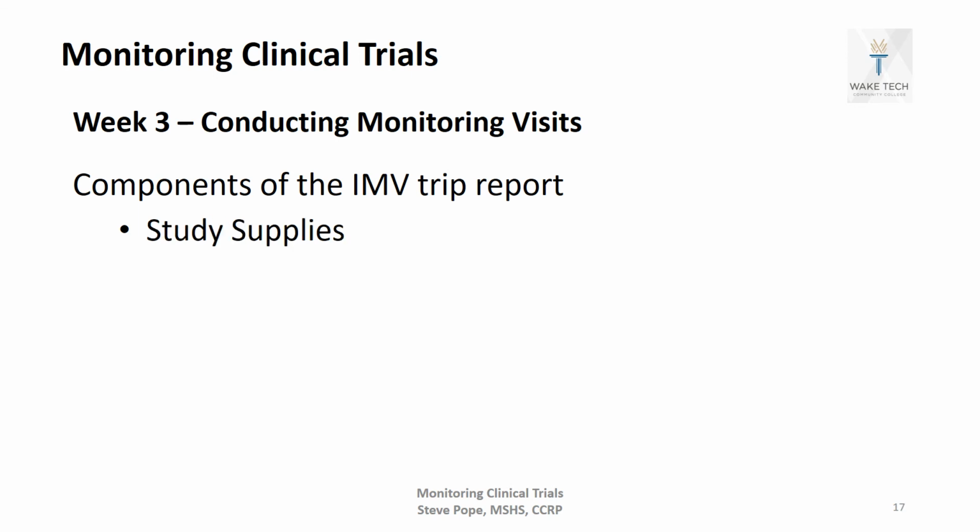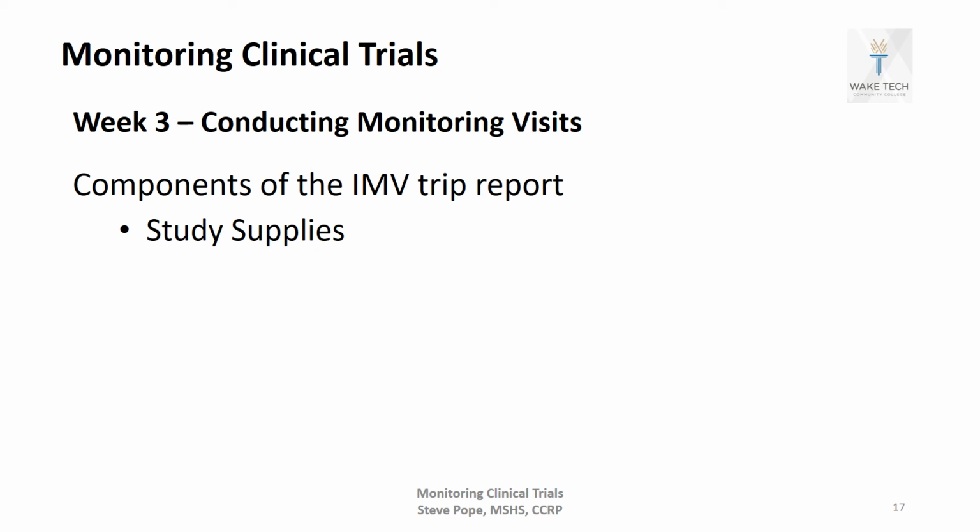You're going to discuss study supplies. Every study is going to have a collection of supplies that the sites need in order to conduct their study. These could be lab kits, they could be ECG leads, or information that's handed out to a subject, say an emergency contact card, or some dosing instructions.